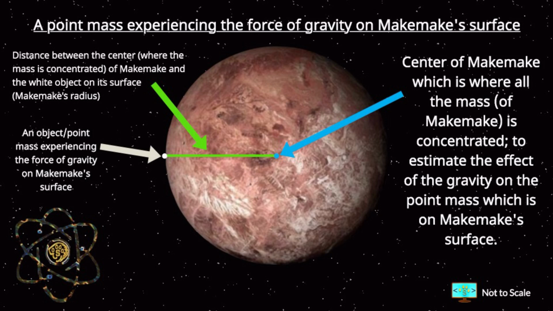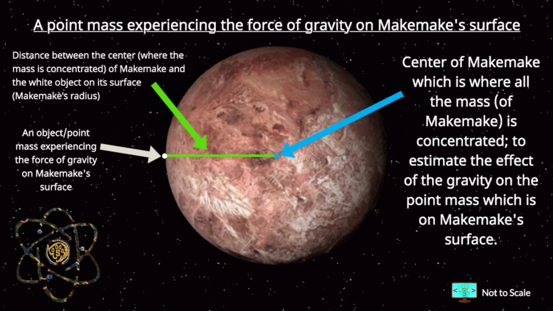It's kind of saying we have all the mass of that object or body or planet at the center, because we're trying to make it a point mass where gravity is experienced, as we can see in one of the points stated here, which says the distance between the center where the mass is concentrated, the center of Makemake, and the white object on its surface, is Makemake's radius. That's that green line. It's basically Makemake's radius.